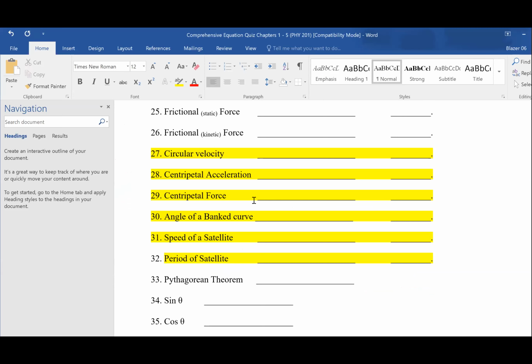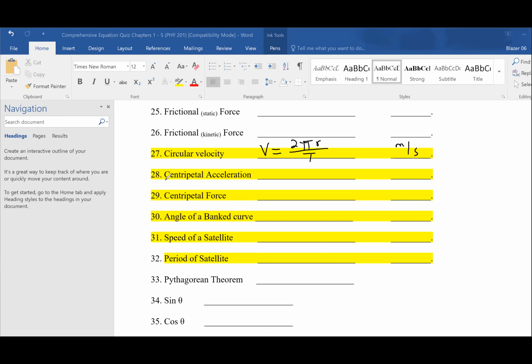Okay, so here I highlighted in yellow the new equations that we're going to cover. So already we've talked about circular velocity, and we said that that velocity, V, is going to be the distance, which is 2 pi r, the circumference of a circle, divided by the period. The units are still meters per second.